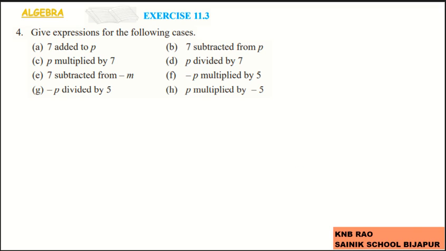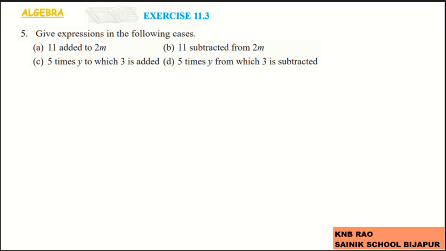Next, coming to the fifth main question. In this fifth main question, we again have 8 sub questions, but amongst them I am giving 4 as homework for you. The first 4 I will do, the next 4 you will do. First, 11 added to 2m, so 2m plus 11.